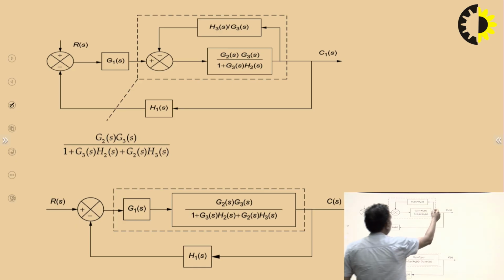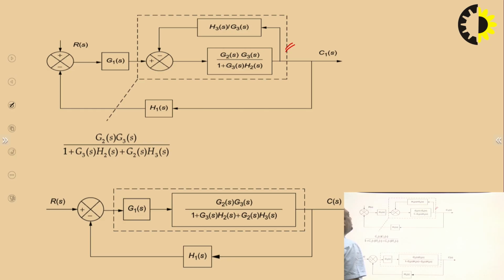So, what we will do? We will basically eliminate this feedback path loop, and then we will multiply it with G1S, and these two will become in series, and we will get the overall transfer function here, and then H1S is with the feedback, H1S with the feedback with this overall transfer function.